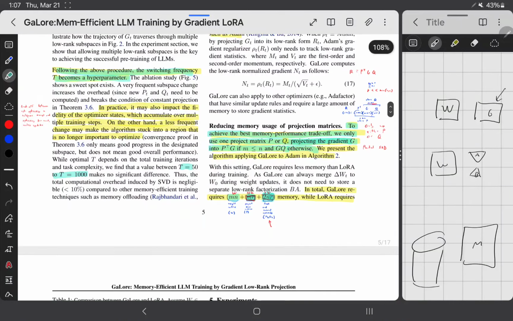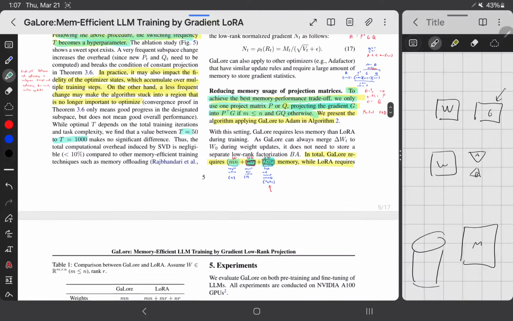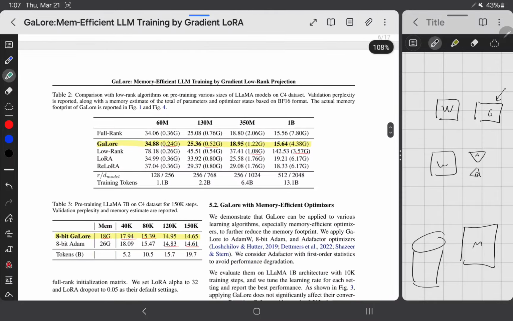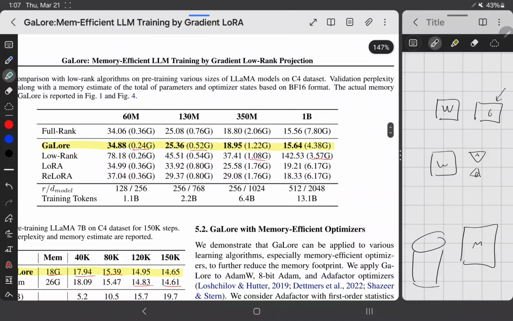So what do the results look like? And they look quite good. So they train it on a GPT model and a BERT model. The GPT model, it does well. So GaLore versus full rank. And since it's storing a lot less memory, you can see here that it does quite well, and it's a lot less memory.